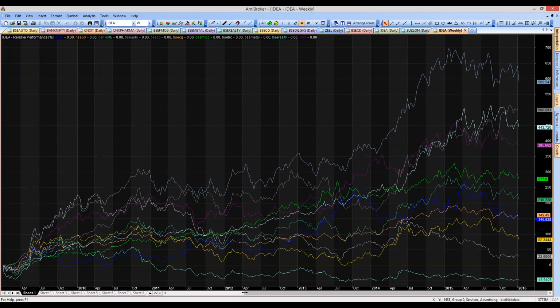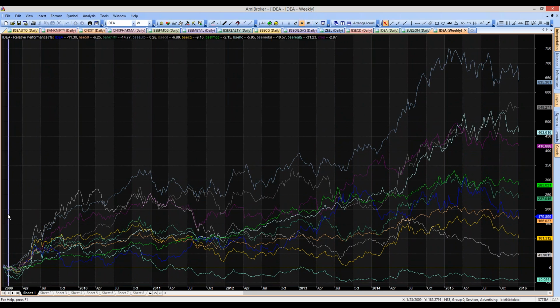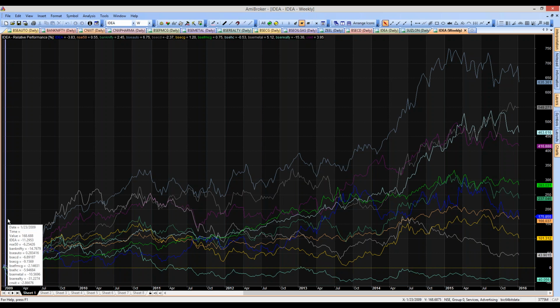There is a vertical bar right on the left side, and it is approximately at 1st of Jan 2009.